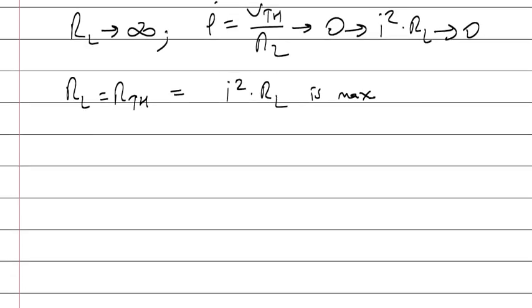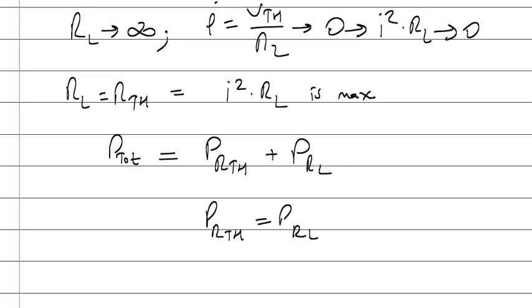If they are equal, it means half of the total power is dissipated by the internal Thevenin resistance and half by the load, and they are equal.